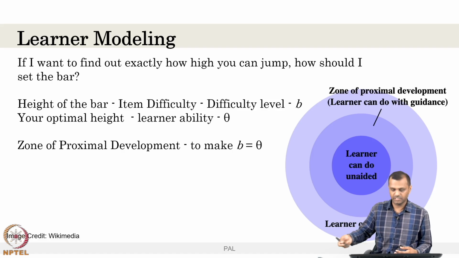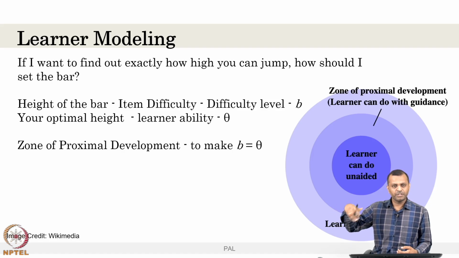You do well, and I increase to 2.2. You do well, 2.4. When I keep on increasing and you struggle, then I reduce it to where you are able to jump without any struggle. So I will find the optimal height of each learner.